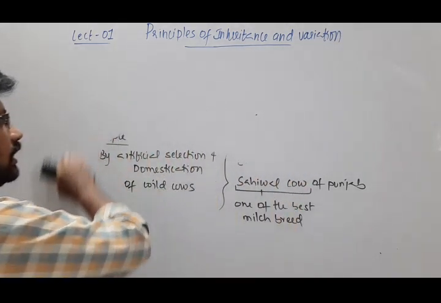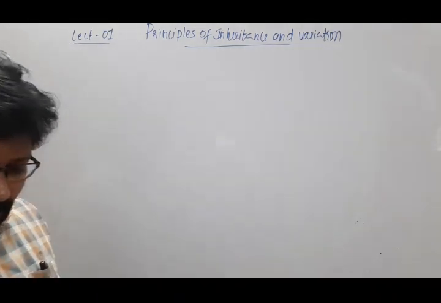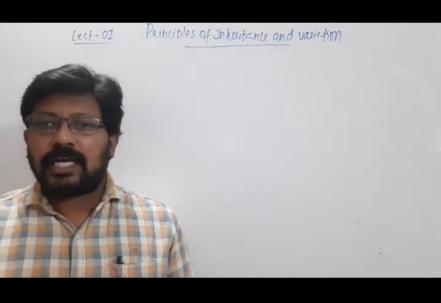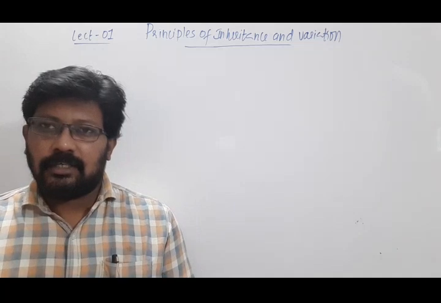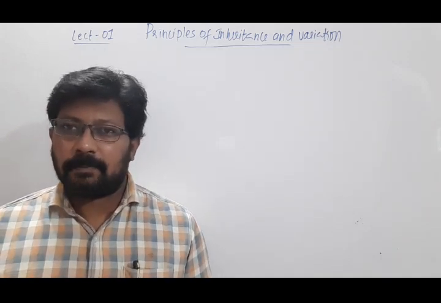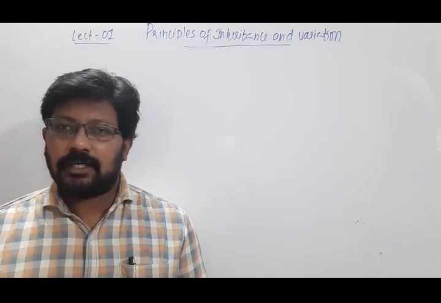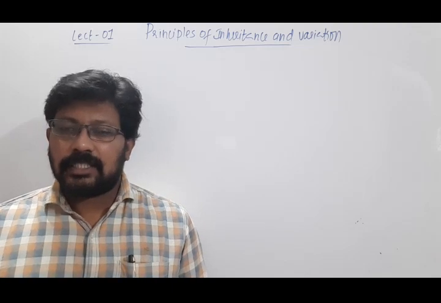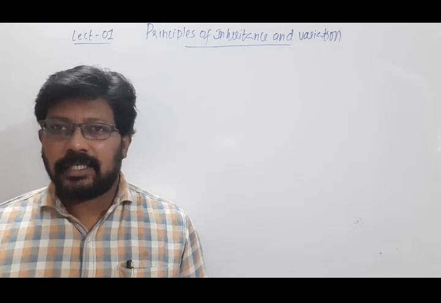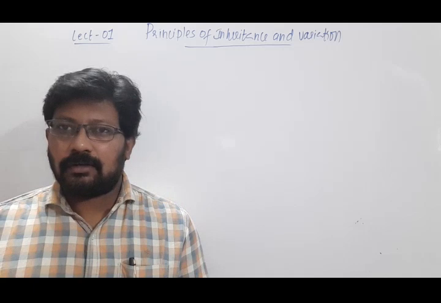So this is a little information on what those variations and inheritance are. We will be studying the scientific reasons behind this. I told you in earlier days, these people knew only artificial selection and domestication, and the scientific reason behind how these characters are inherited from parents to offspring, they were not knowing.